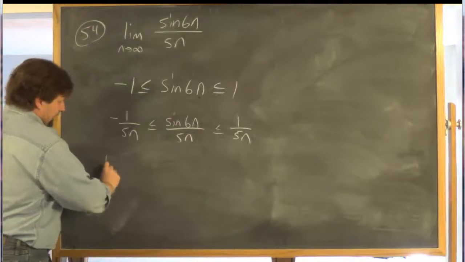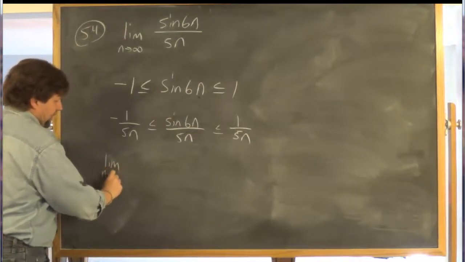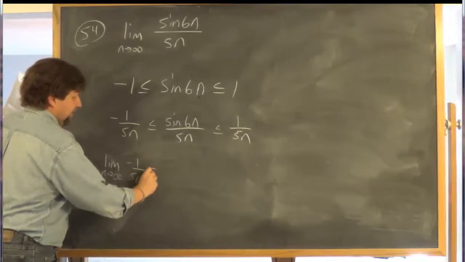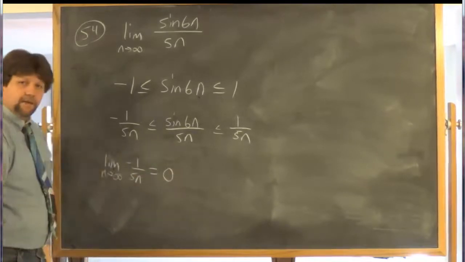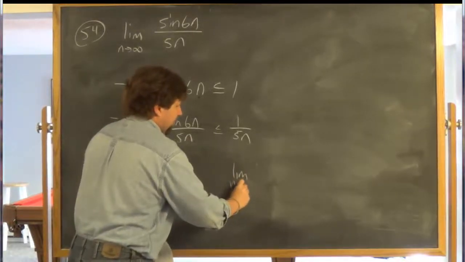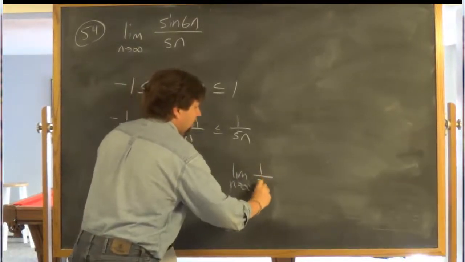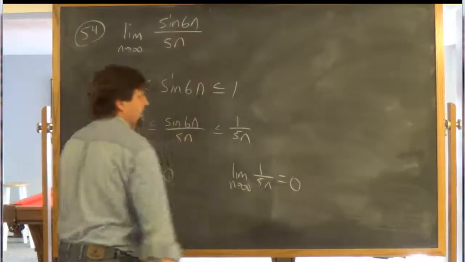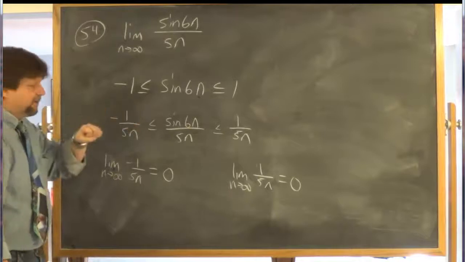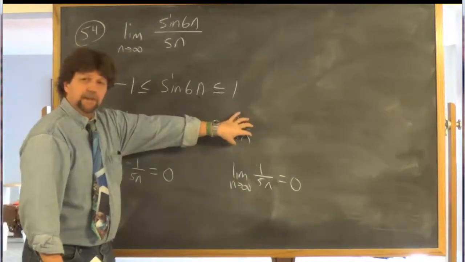You look at this limit. The limit as n goes to infinity of negative 1 over 5n, that limit is 0. Look at this limit. The limit as n goes to infinity of 1 over 5n, that limit is 0. So as n goes to infinity, this limit is 0. As n goes to infinity, this limit is 0.